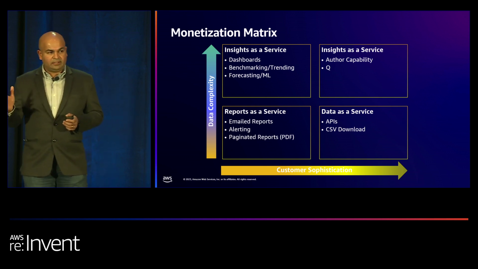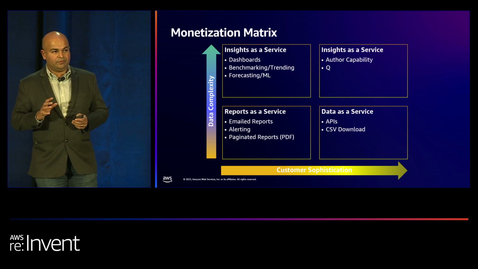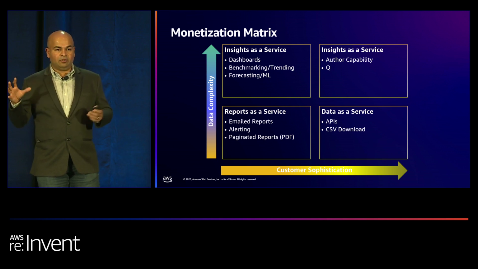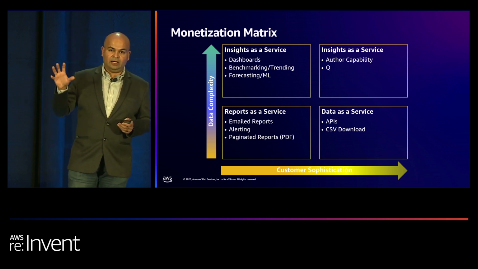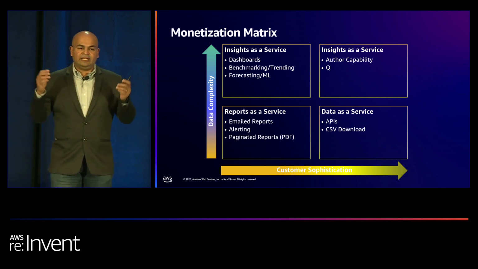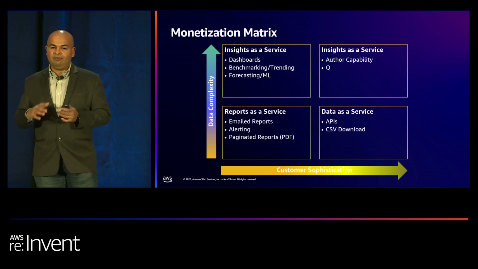Now, over to the right, you find top right, authoring and QuickSight Q. So these are typically asked for or enjoyed by sophisticated customers who want to look at the data and build their own views of the data. And on the bottom right quadrant is what everybody asks our ISV customers, which is, hey, can you just give me a dump of the data? I just want CSV files, just send it to me, I will take care of it.